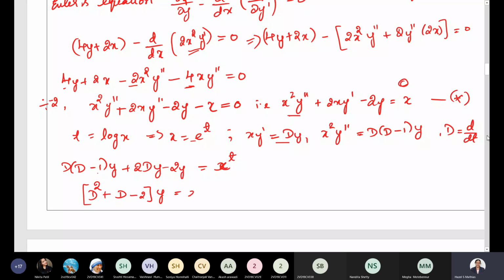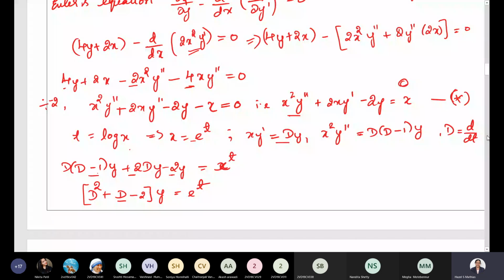When you simplify this, you will get D square minus D plus 2D, so it will be D square plus D, then minus 2 into y, that is equal to e power t. So this is the equation we are going to get. We have converted the given equation star.